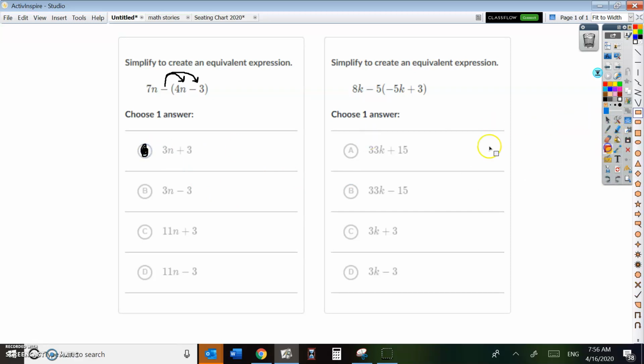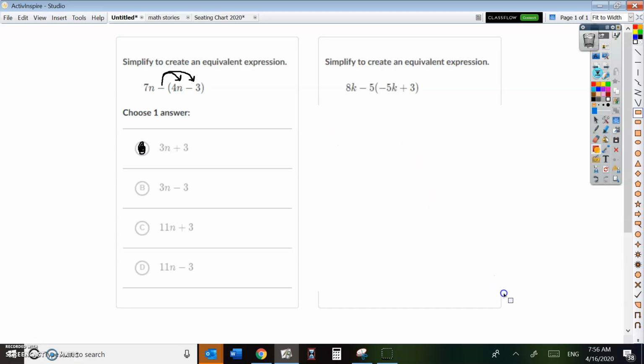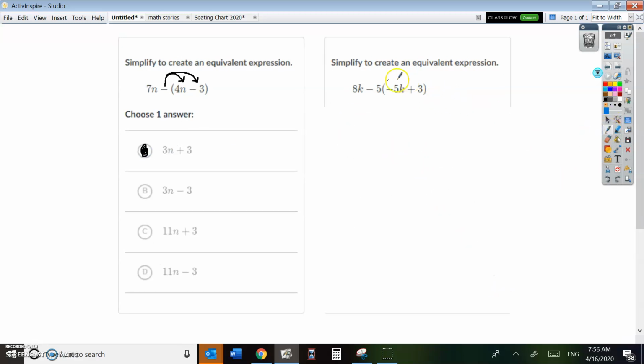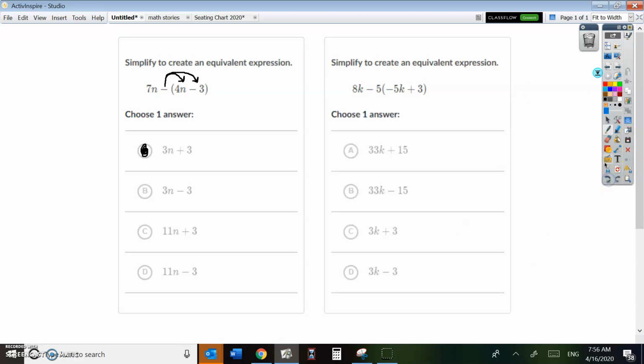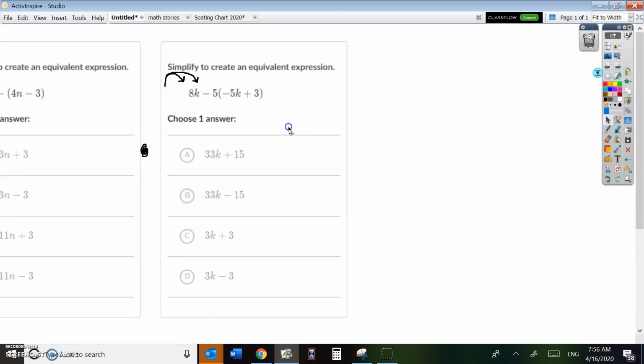Okay, so look at this next one here. Scoot this over, clear all that, and I'll rewrite that for you. So 8k minus 5, parentheses, negative 5k plus 3.